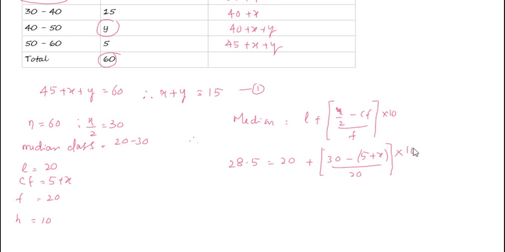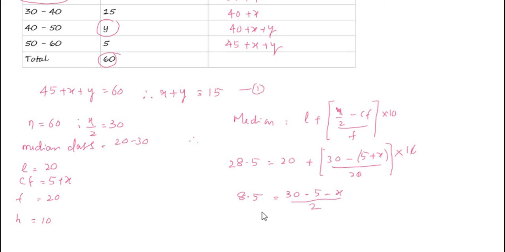So this 0 goes with this. So 20 I will take to the left side. So it becomes 28.5 minus 20. It is 8.5 equal to (30 minus 5 minus x) divided by 2. 2 I will multiply here.